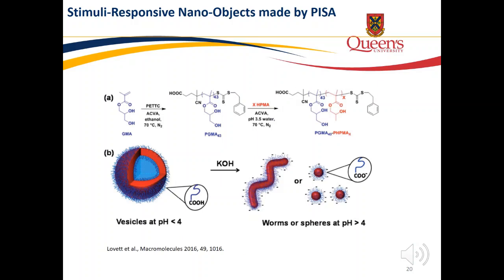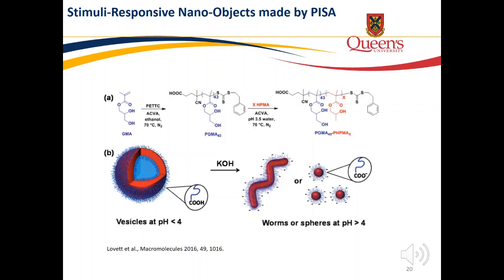And here's another example shown here from Armes and co-workers. And in this case, what they have done is they've done a RAFT polymerization, and they've used functionality with having acrylic acid, carboxylic acid groups, really, on the terminus of the molecule. And these now give you pH sensitive materials.